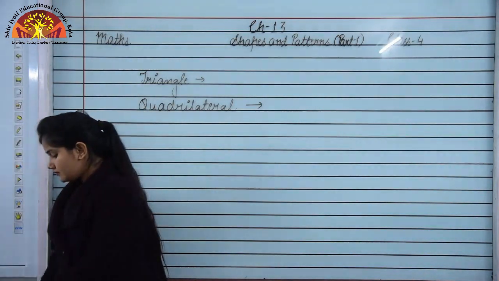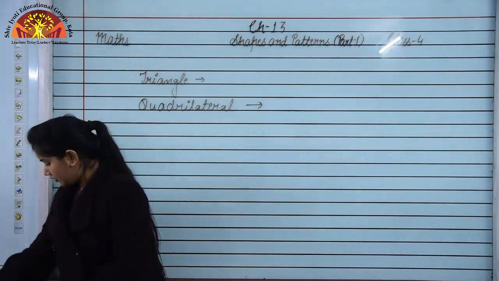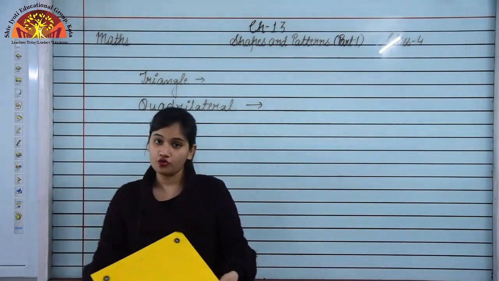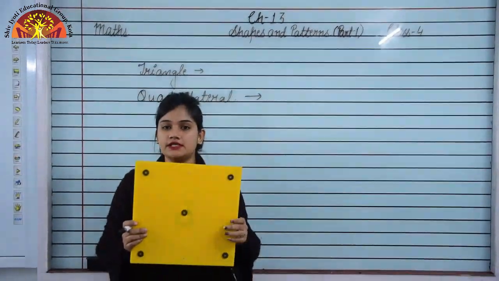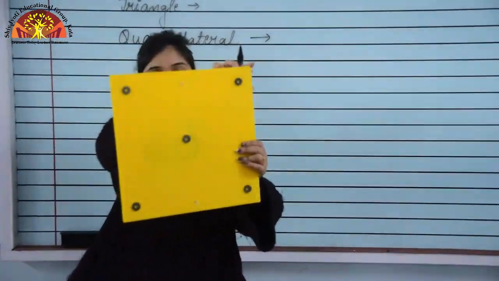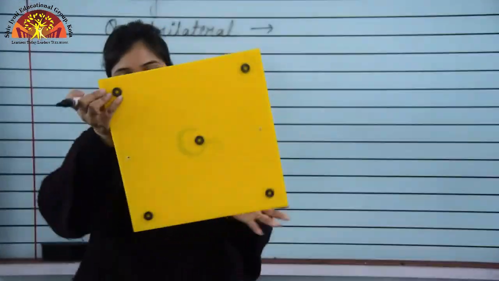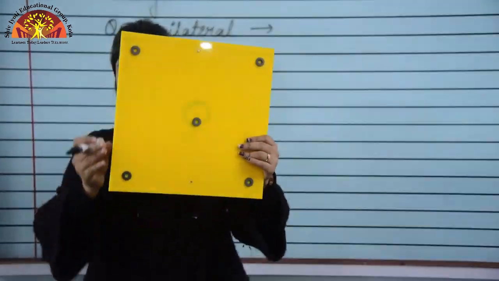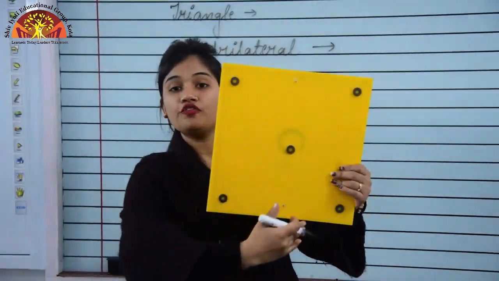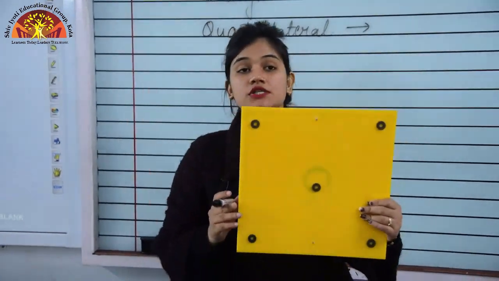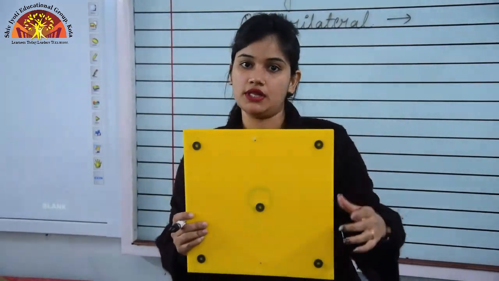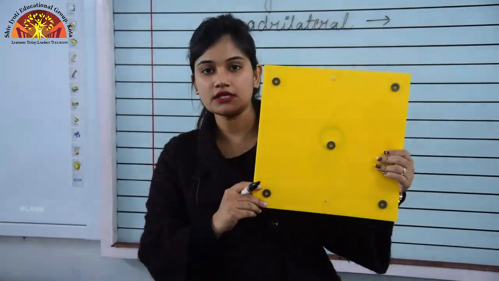Suppose we have a quadrilateral in which we have 4 equal sides. You can see this side is equal to this side, is equal to this side and is equal to this side. It means all these 4 sides are equal. So where the 4 sides are equal, it is known as a square.